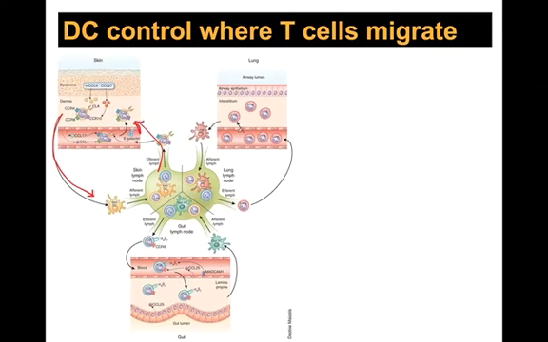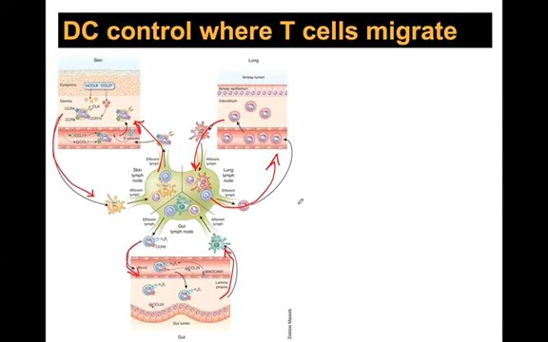If they're coming from a mucosal surface like the lung, then you want them to inform the T cells to go back to the mucosal surface, in this case, the lung. Here, this is the gut epithelia, and the dendritic cells inform the T cell, yeah, you're going to go back into the gut.